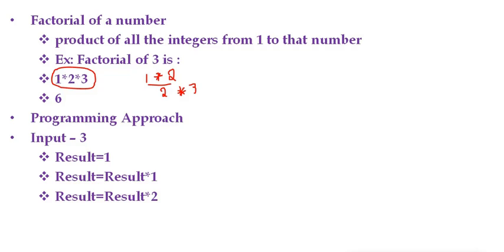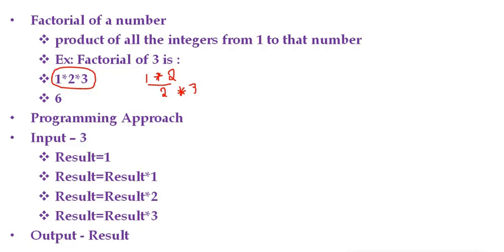Already we have 1 in the result variable and it is multiplied with 2, so we get 2 in the result. Then result equals result into 3. We have 2 in my result variable, and 2 into 3 gives 6. So the output is the result, whatever value is available in the result variable.